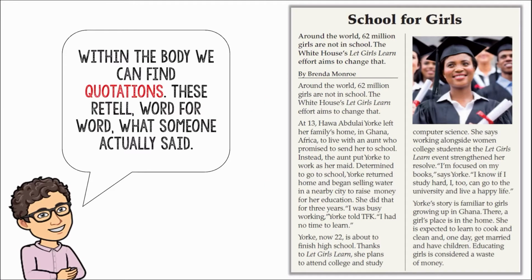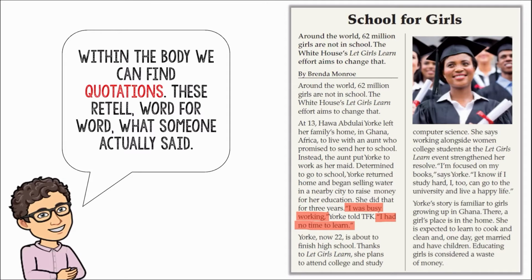Within the body, we can find quotations. These retell word for word what someone actually said. Can you see any quotation here in this piece of news? Because I can see many. For example, this one. I was busy working. I had no time to learn.